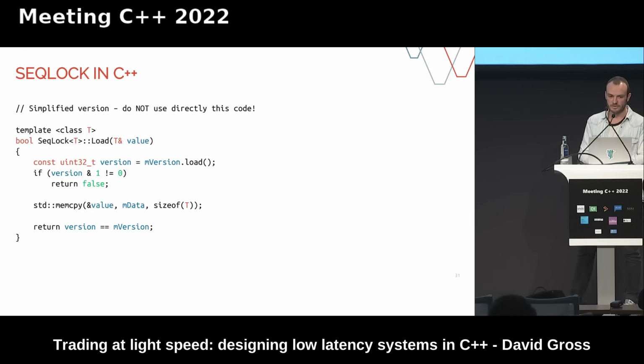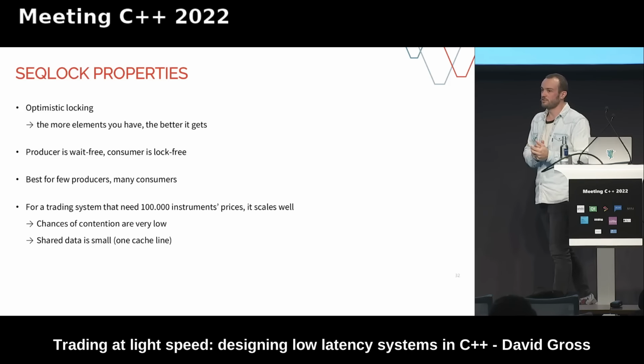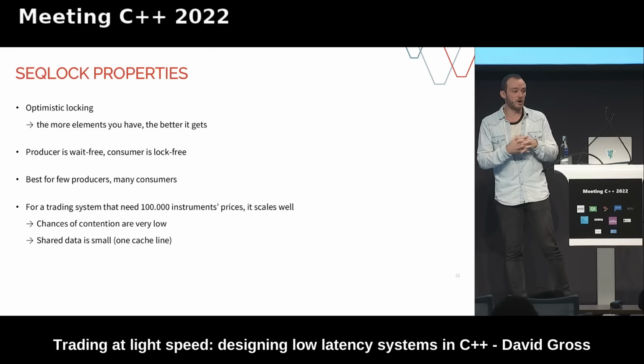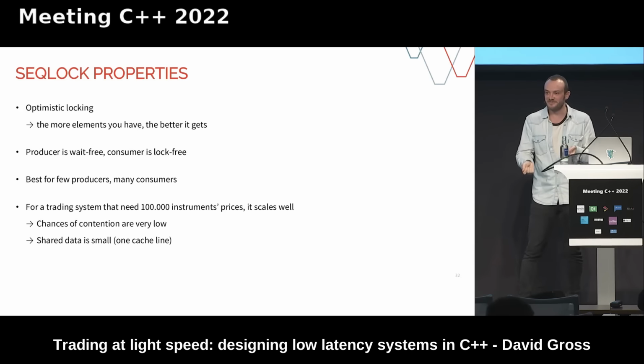That's all good. So this is quite special, and there are very interesting properties of that lock that in trading systems are amazing. First of all, you see that it's based on something that we call optimistic locking. Why are we optimistic? Well, because we start copying the data thinking that it's not going to be changed at the same time as we read.